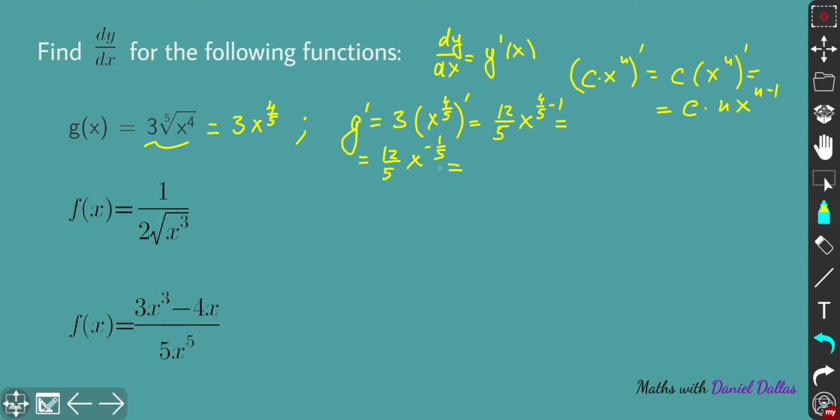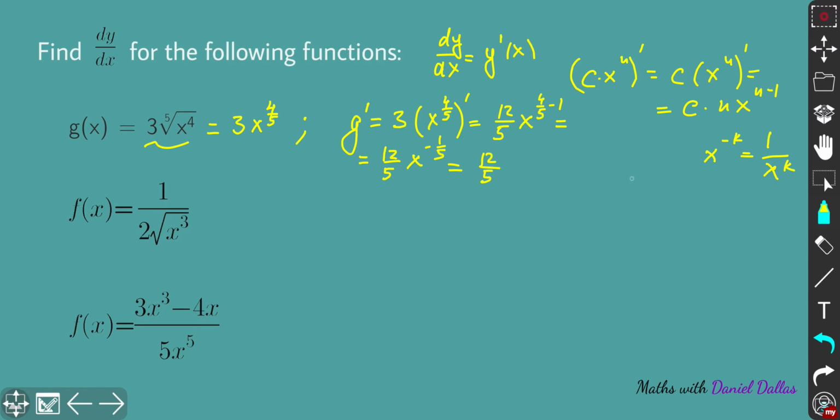If you want to go back to your original structure, you need to write that it's going to be 12 over 5, and x, because of the negative power, you simply use the index rule, so x to the negative k is simply 1 over x to the power of k.